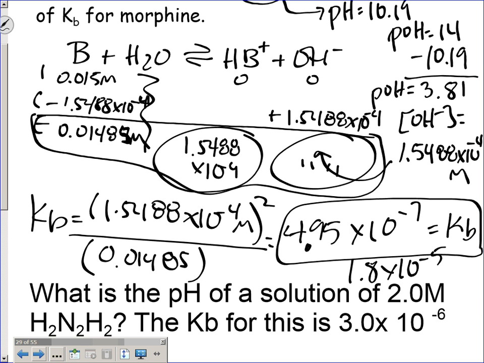Okay, which one's a stronger base? Loud and proud. Ammonia, because it has a higher Kb, which is representing the products over the reactants. So if you have a higher Kb, that means you have more products. That means you're shifting and proceeding to the right often and making more products, meaning you're a stronger base.